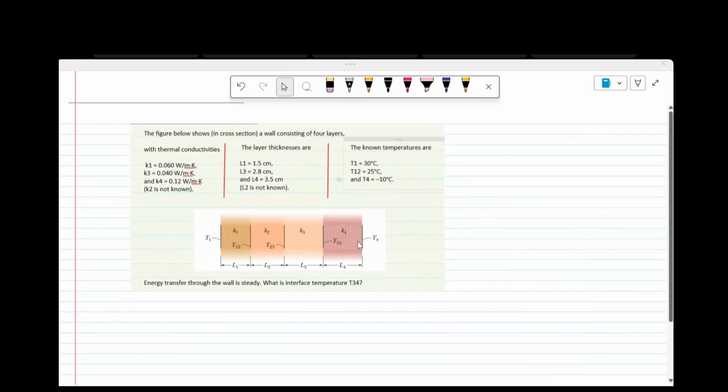And this is T hot here, and this is T cold. We want the temperature at the interface T34, which is right here.